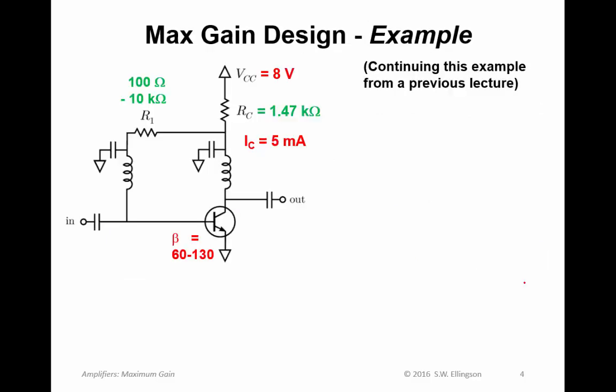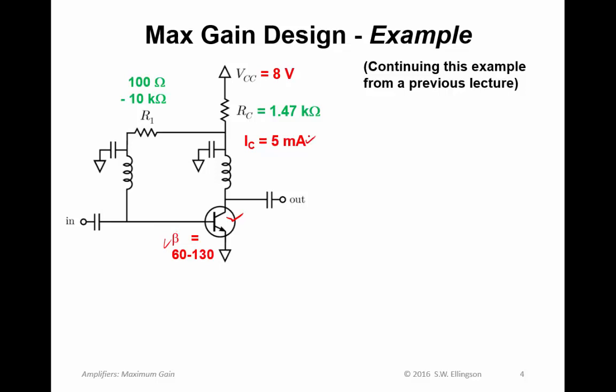So here's our example. Now for this example, we will continue from a previous example that we started when we talked about biasing. So this is a bipolar transistor, and in that earlier example, the transistor had a beta in the range of 60 to 130, which will not appear in the RF design, but just to remind you what the problem was.